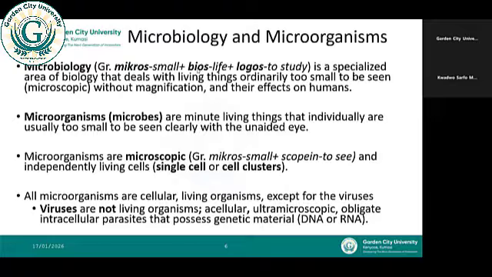So we have unicellular microorganisms and multicellular microorganisms. They are multicellular, they have many cells, but they are still small, very tiny, that you need the microscope to see. So microorganisms are of various kinds.